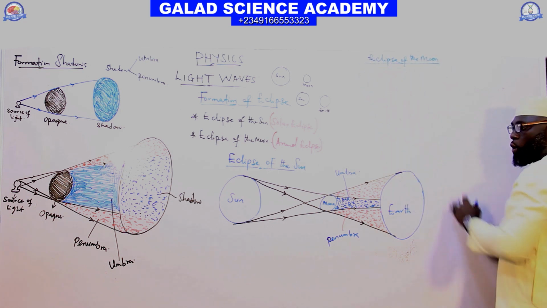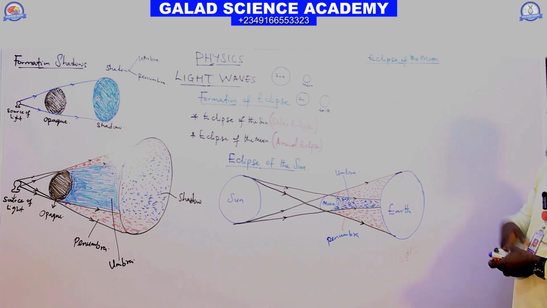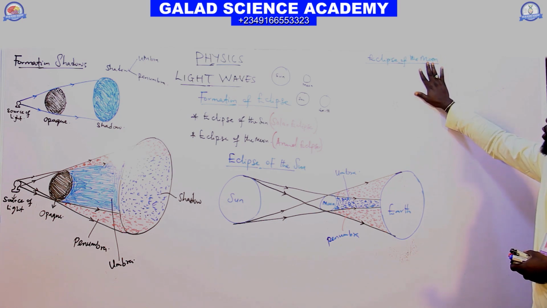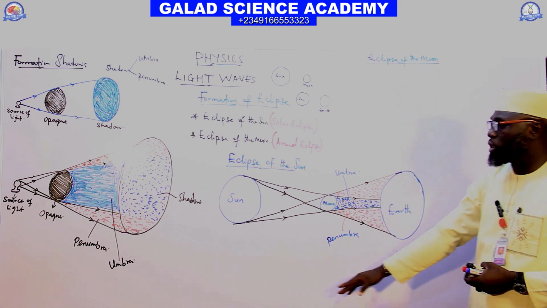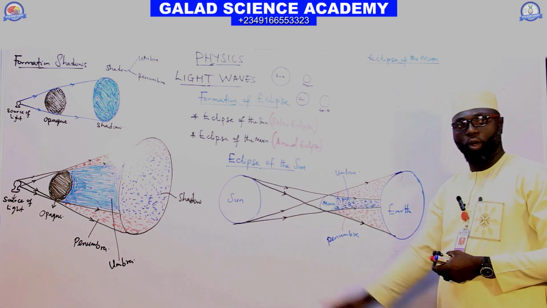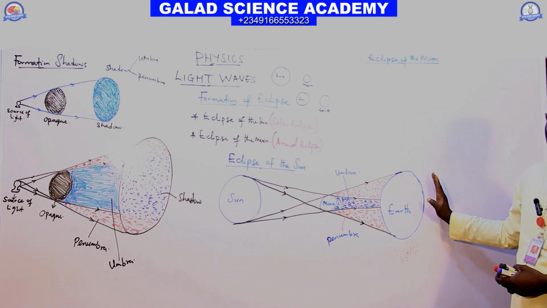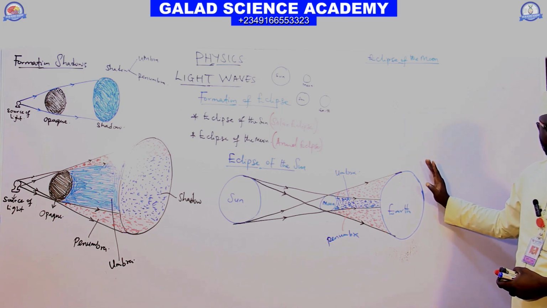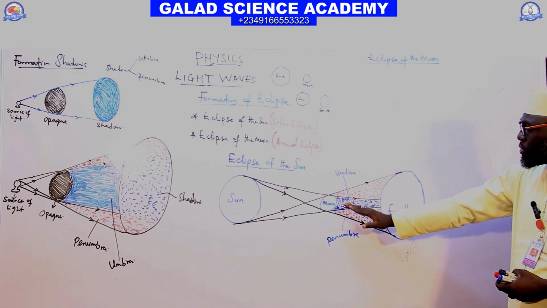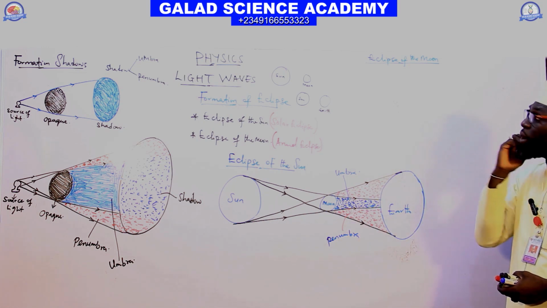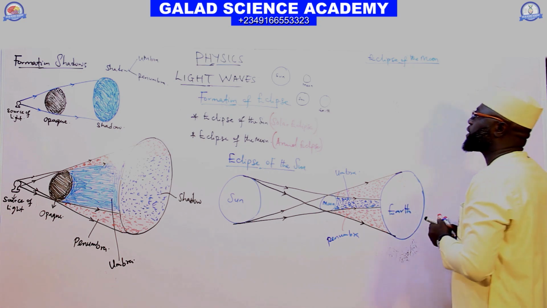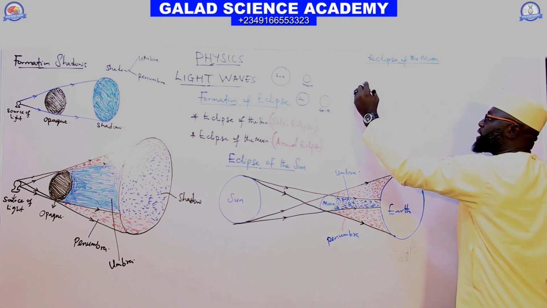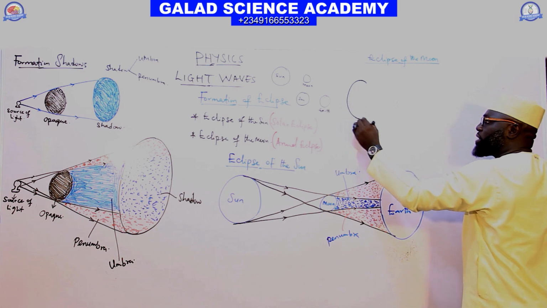eclipse of the moon occurs when the earth is between the sun and the moon. When earth is between sun and the moon, we have eclipse of the moon. So for that one, this is the diagram for it. We have our sun here.